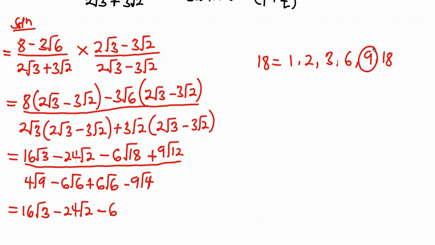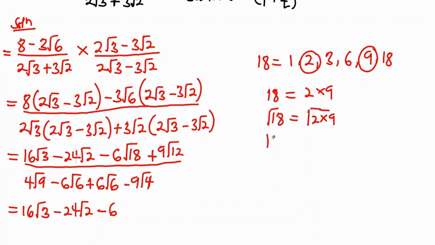So we take the perfect square and multiply by any of the factors that gives us 18. And that number is what? Is 2. So it means that 18 is basically the same thing as 2 times 9. So square root of 18 is basically the same thing as square root of 2 times square root of 9.